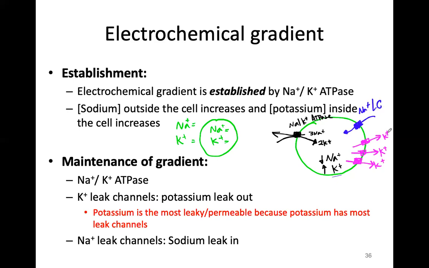And at the same time, I also need the sodium potassium ATPase to push ions back to where they came from, so your leakage channels can continue doing what they were doing.